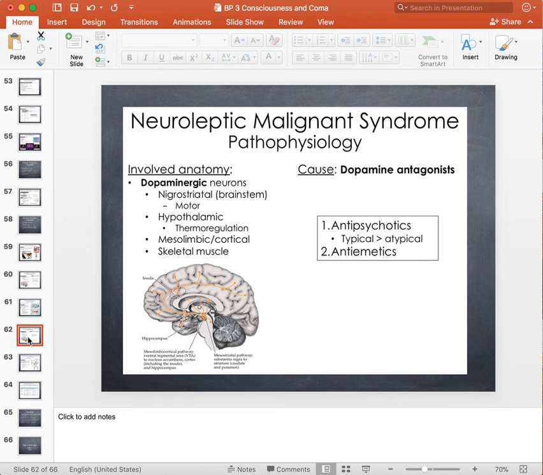A syndrome that can look a lot like serotonin syndrome is neuroleptic malignant syndrome, which is also something that can kill you, so it's important to recognize. This is caused by medications that are antagonists of dopamine, most commonly antipsychotics, especially the older first generation ones, as well as certain antiemetics like Reglan and Compazine.